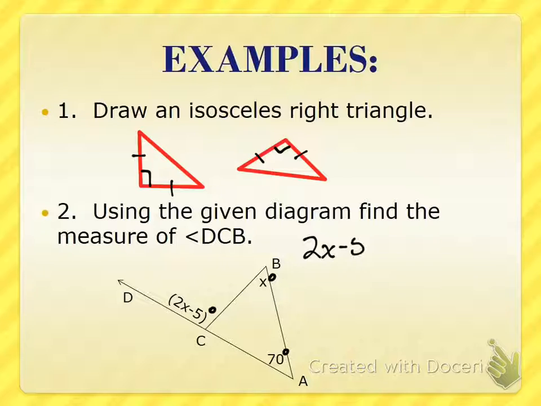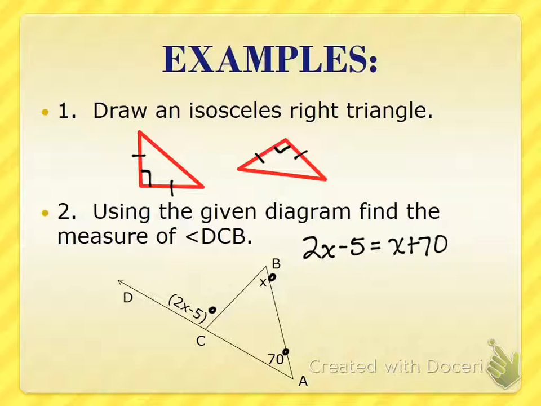So the exterior angle, the 2x minus 5, is equal to the sum of the two non-adjacent interior angles. So what would that be? x plus 70. Questions, concerns about how we set that up? If you put x plus 70 on the left and the 2x minus 5 on the right, that's fine.